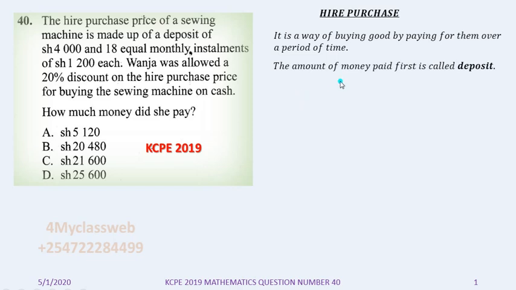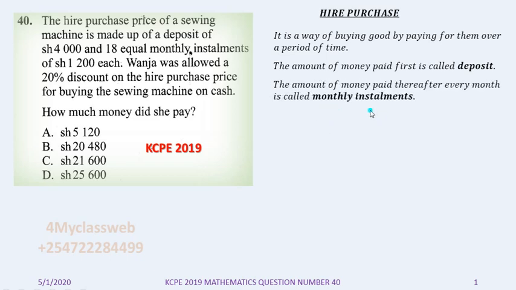So the amount of money that you pay first is called deposit, and the amount of money that you pay afterwards, every month, is called monthly installments. So, after you pay the deposit, the remaining amount of money, you'll be clearing that balance by paying some money every month until you clear the balance.